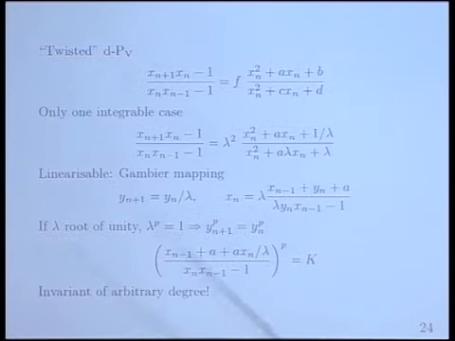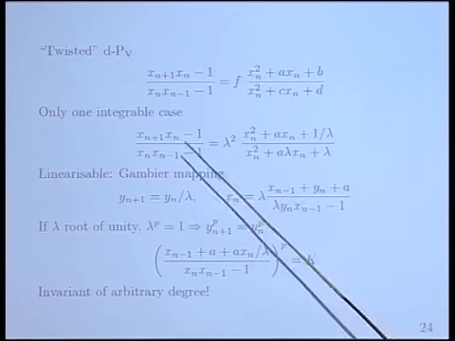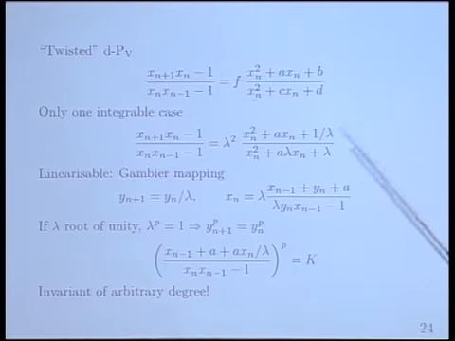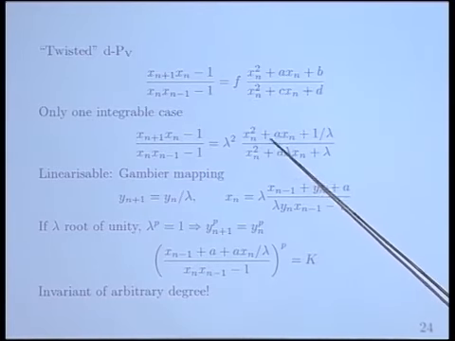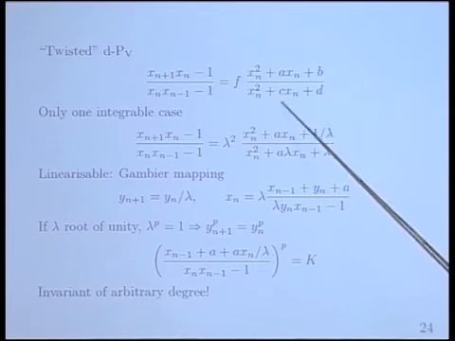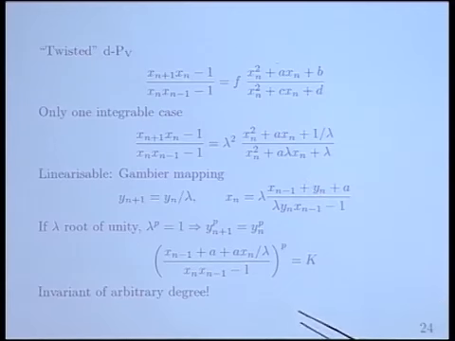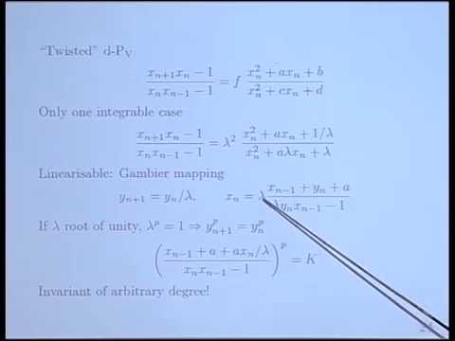Now, the same game can be played for the Painlevé P5 equation. Instead of taking the product, I take the ratio. I look at the right-hand side, and I find only one integrable case, where C and D can be expressed in terms of A and B. And again, it's linearizable.